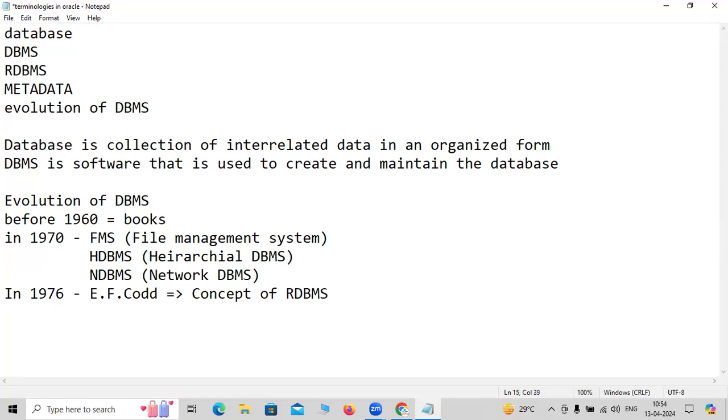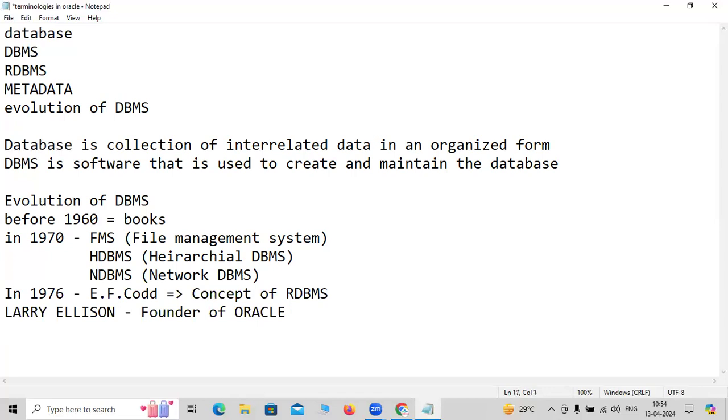So in 1976, the concept of RDBMS came into picture. So the person named Larry Ellison, he was the founder of Oracle.